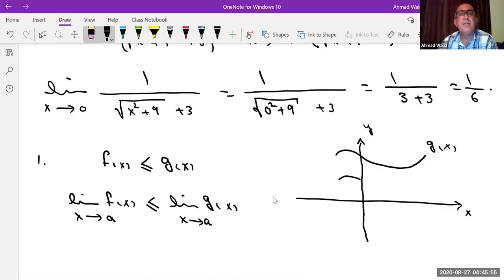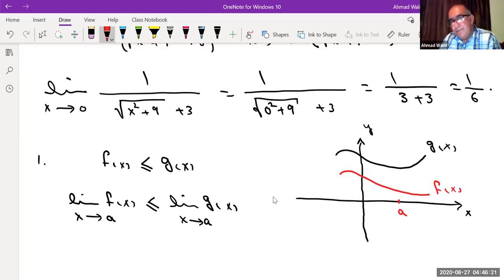Let me change the color. Color hasn't changed. I wish we were in a face-to-face class. For example, let's say something like this. Let's name this red function f of x. And a point here, a.